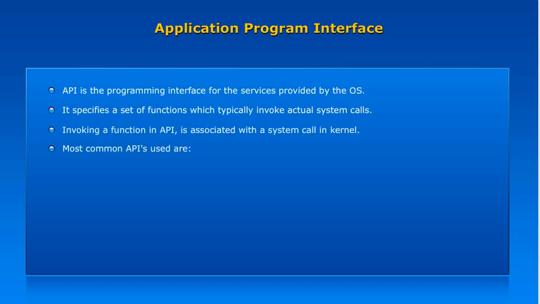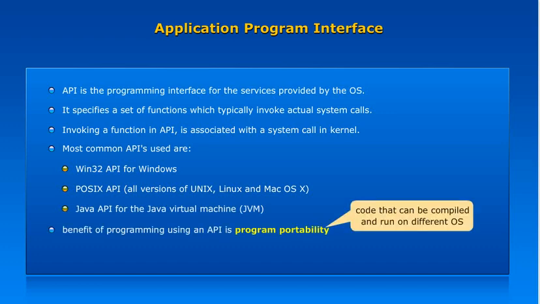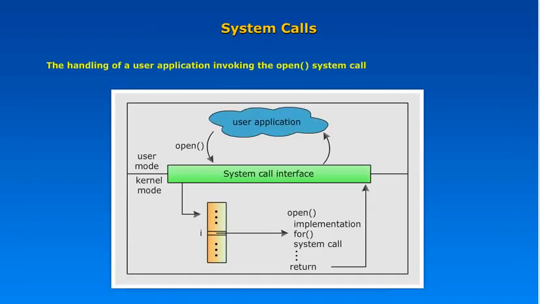Most common APIs used are Win32 API for Windows, POSIX API for all versions of Unix, Linux, and Mac OS X, and Java API for the Java Virtual Machine, JVM. Benefit of programming using an API is program portability. APIs are widely used as system calls are very difficult to deal with directly. The diagram represents handling of a user application invoking the open system call.